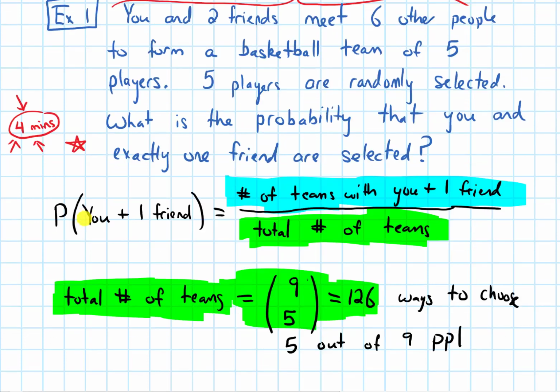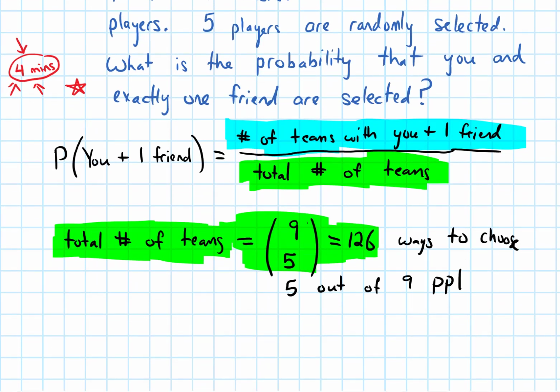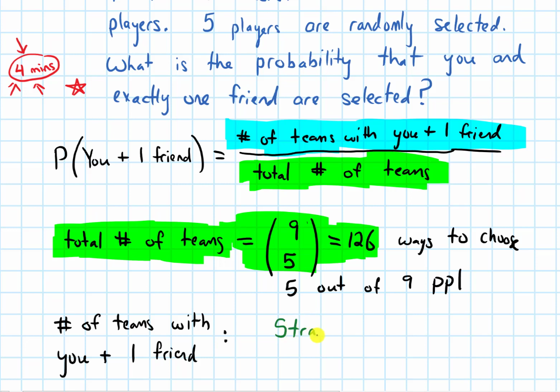All right, now let's come to the numerator. So let's count the number of teams with you and also one friend. For this, I'm going to think about it a little bit more generally in terms of what my strategy is. It's a little bit more involved than the denominator was.